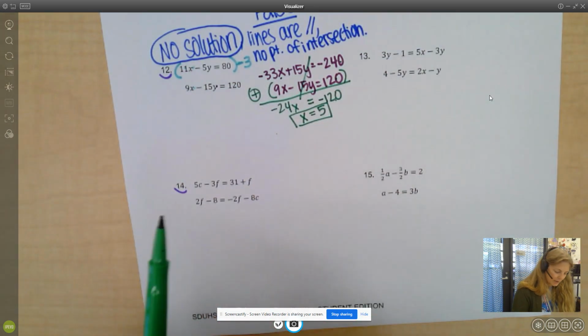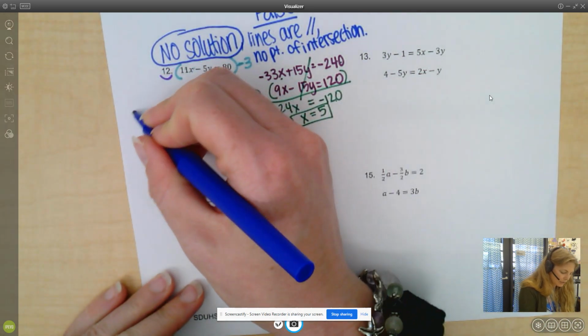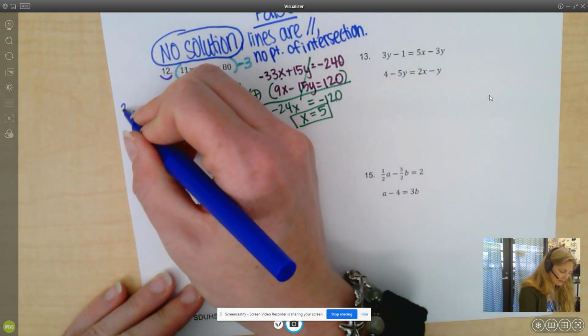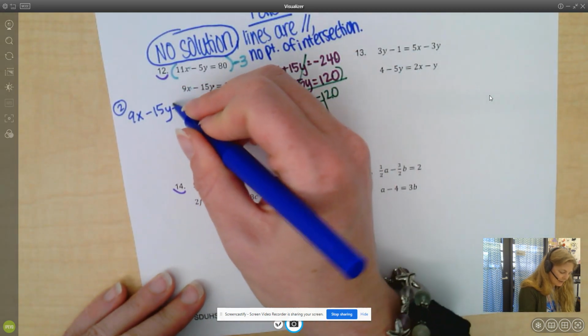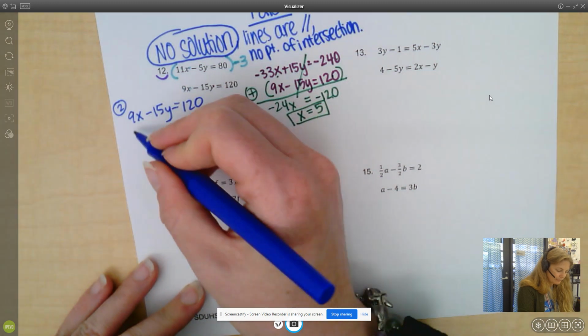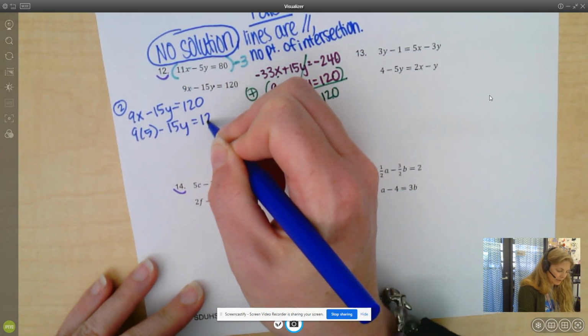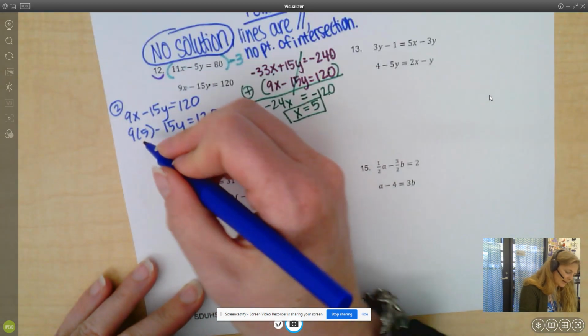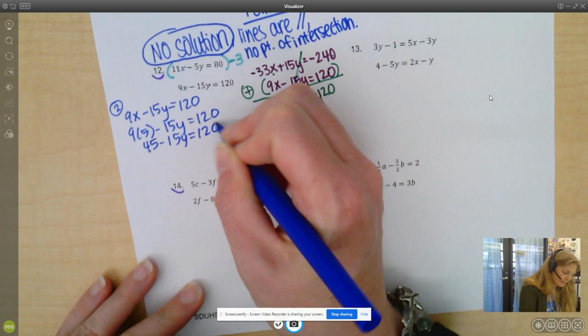I could use either equation. I think I'm going to use my second one just because it seems like a little bit nicer numbers to work with. So this is my second one, 9x minus 15y is equal to 120. 9 times 5 minus 15y is equal to 120. 9 times 5 is 45, minus 15y is equal to 120.